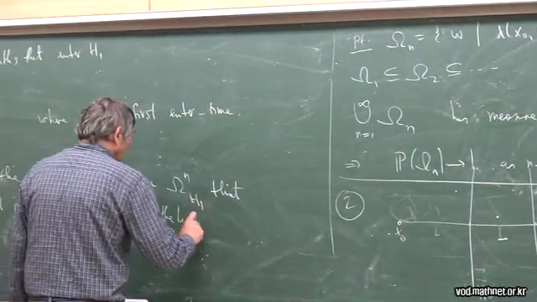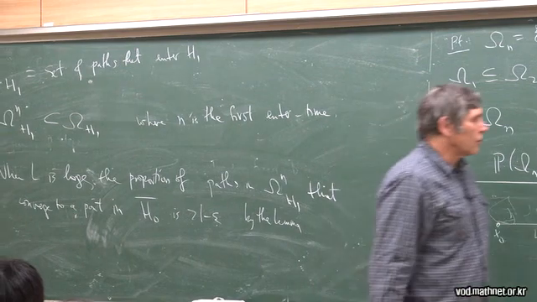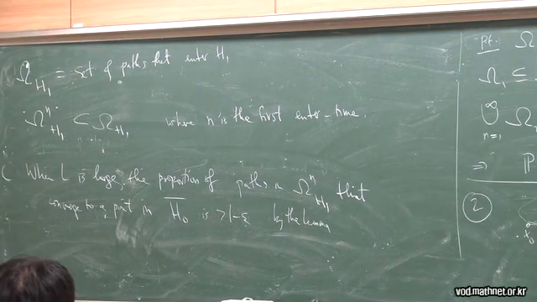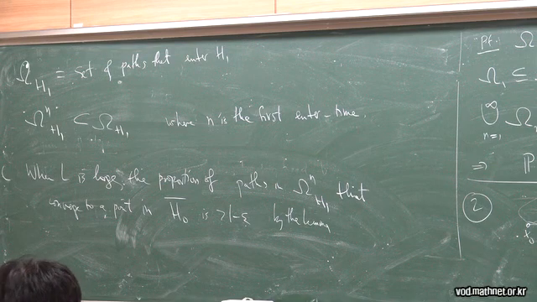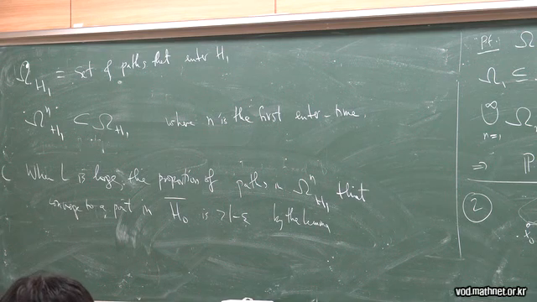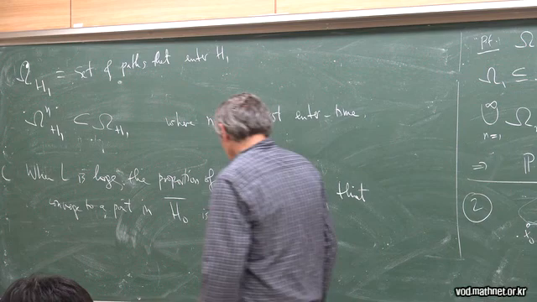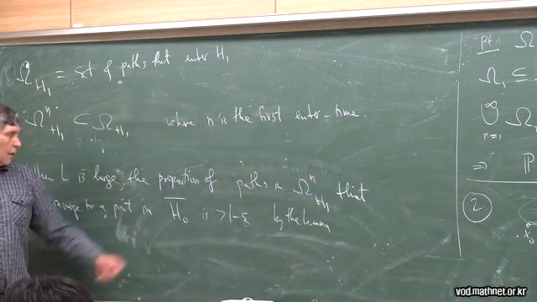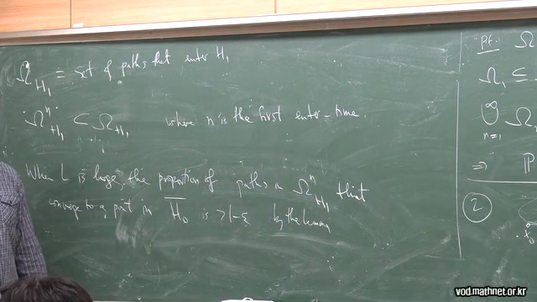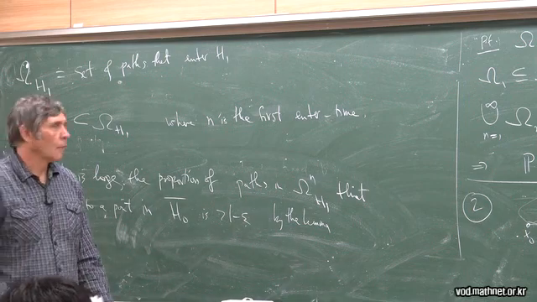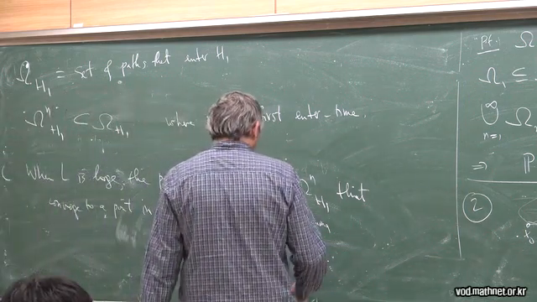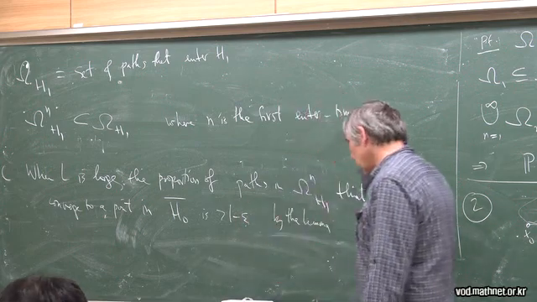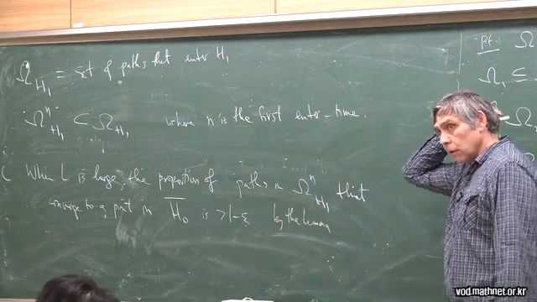I'm using the lemma to convert: a set of very small diameter has small measure. So my limit is, with very large probability, contained in h0 bar. And epsilon here is some fixed small number, 0.1 if you want.